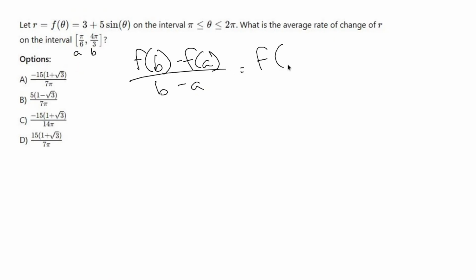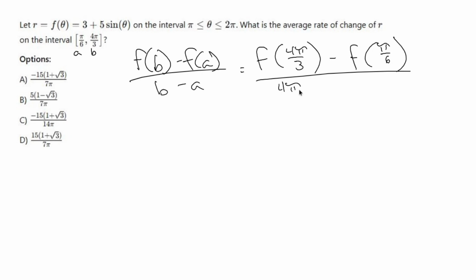So this is going to be f of 4 pi over 3 minus f of pi over 6, all over 4 pi over 3 minus pi over 6. Okay, this is going to get a bit hairy. First off, what we need to do is find out what f of 4 pi over 3 is, and what f of pi over 6 is.